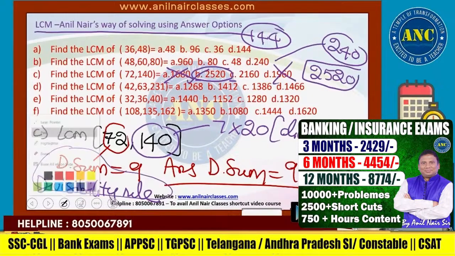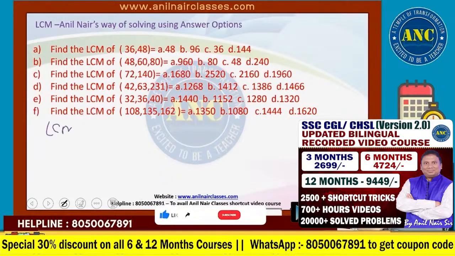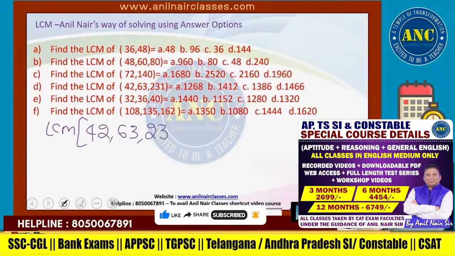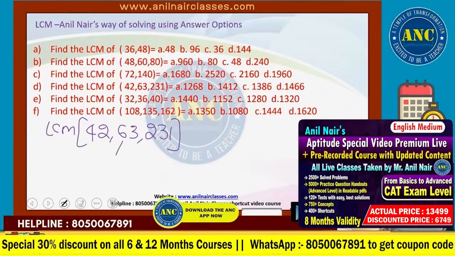Fourth question, LCM of 42, 63, 231. One number's digital sum is 9.